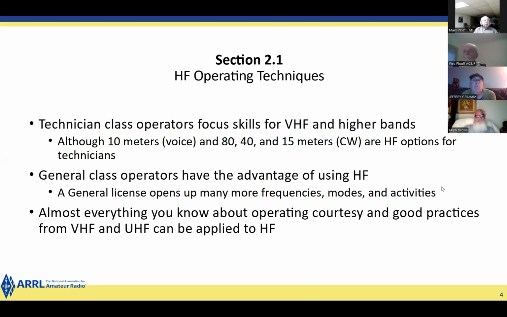But again, you guys learned about operating with courtesy and good practices. And of course, in the technicians class, they hammered you about the rules and regulations, hopefully throwing the fear of God into you about the FCC and what they might do to you if you don't follow the rules.